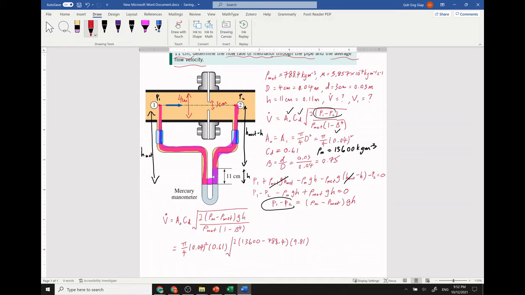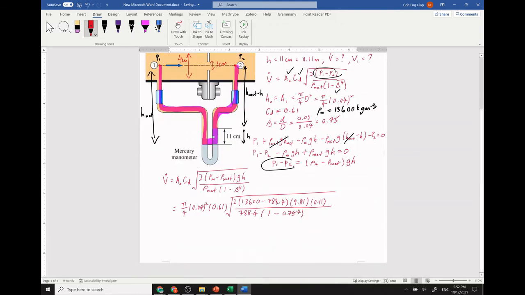It is 0.11. And we have rho mat again, which is 788.4. 1 minus beta is 0.75, to the power 4. Close the bracket. Now that's how we do it.